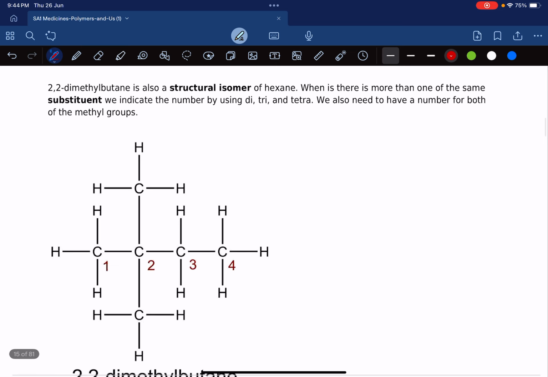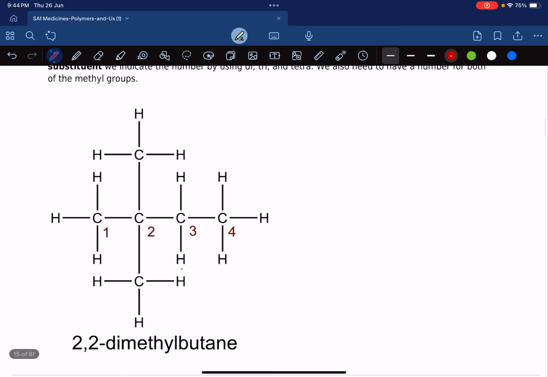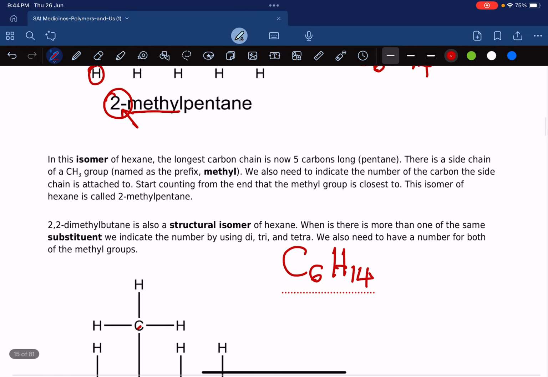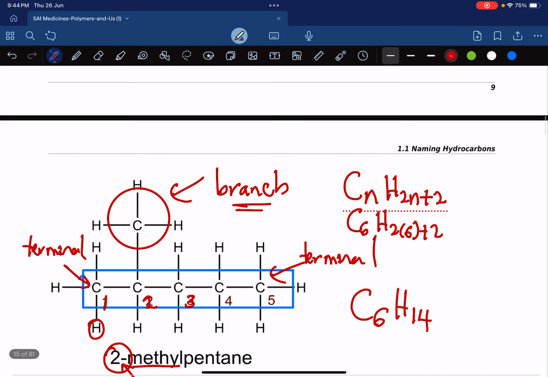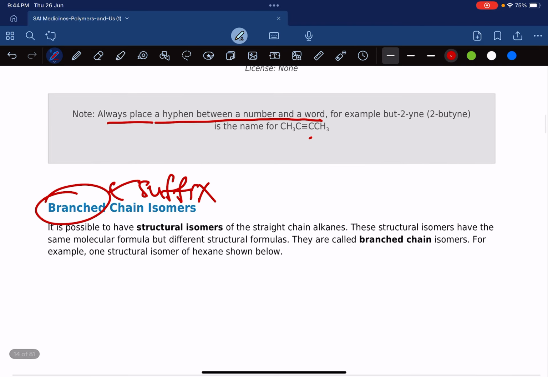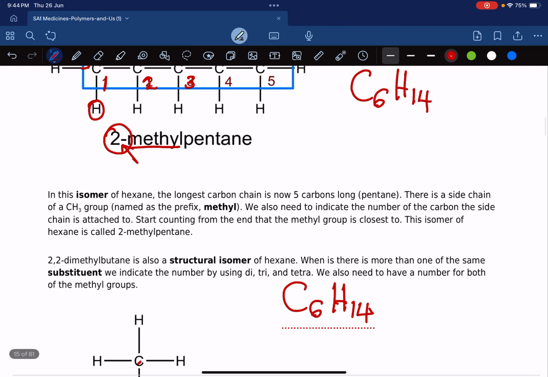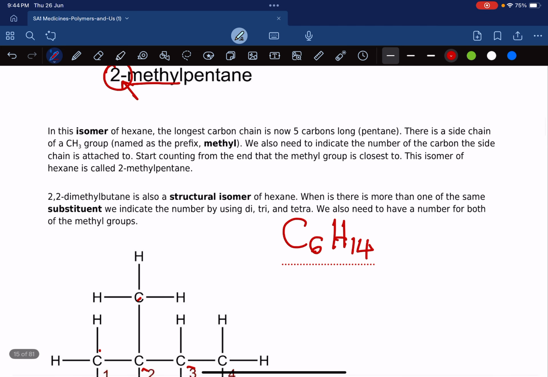Here you will notice that it's actually the same. You see 6 carbons, 1, 2, 3, 4, 5, 6, no double bond, no triple bond. This is also having the same molecular formula, but the structure is different. So when you have the same molecular formula but the structure is different, these are called structural isomers.